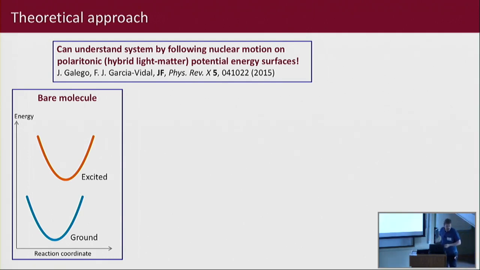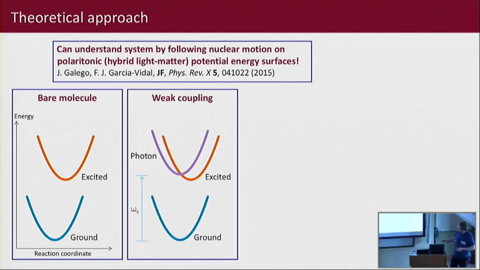I'm going to explain this right now. If I assume that my molecule just has a ground state and an excited state with a single reaction coordinate, and they're a bit offset, and I put this into the cavity with weak coupling, then besides the electronic excitation I also have the possibility to excite with a photon, and that doesn't affect the molecule in weak coupling.